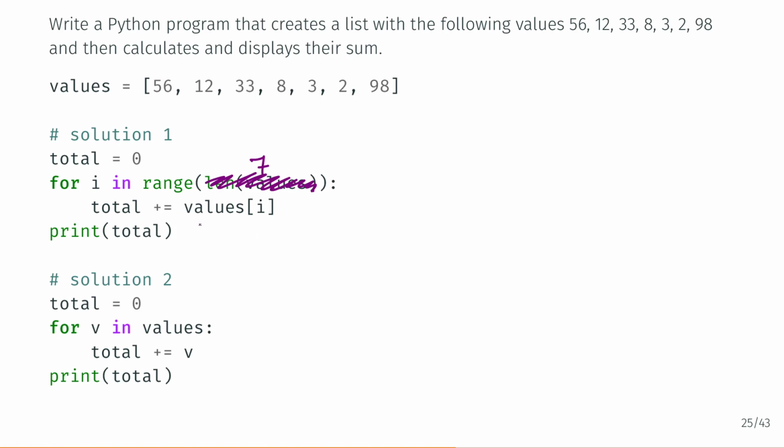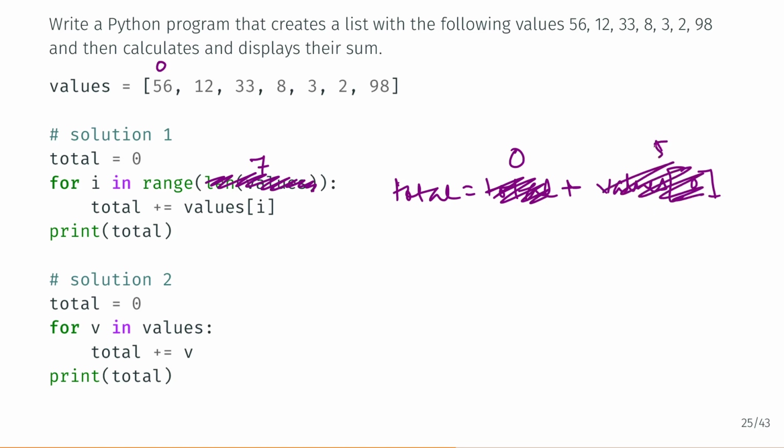Because i is 0, total equals total plus values 0. This is index 0, and total was 0, and values 0 is 56, so this would be replaced by 56. So the new value of total equals 56.